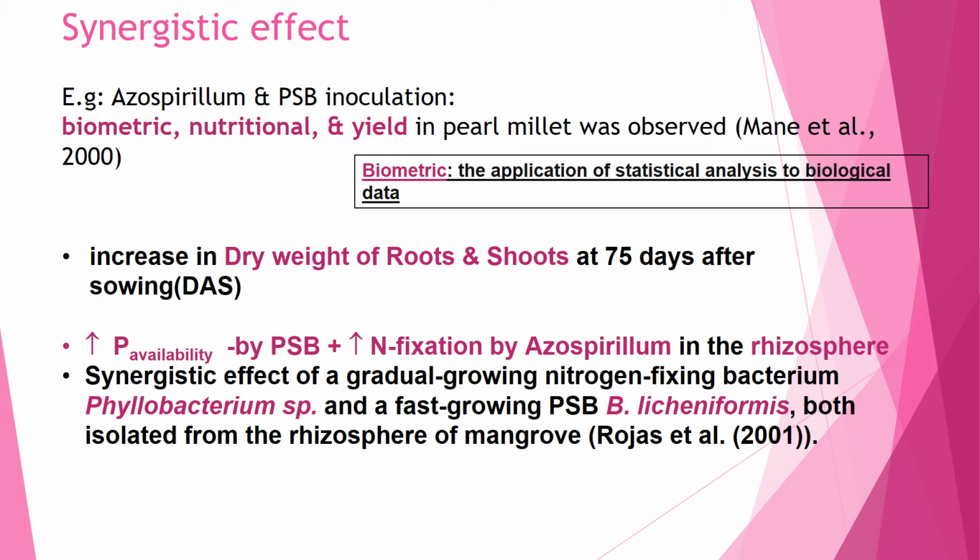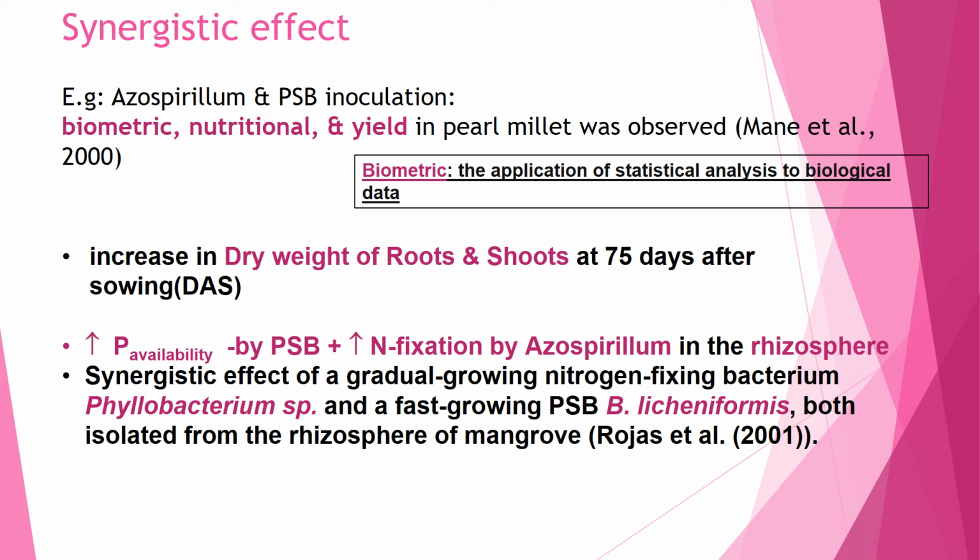Phosphorus is not so soluble in soil, but with this PSM it becomes available to the plant, because this phosphorus solubilizing bacteria tends to solubilize the inorganic or organic P in the soil.